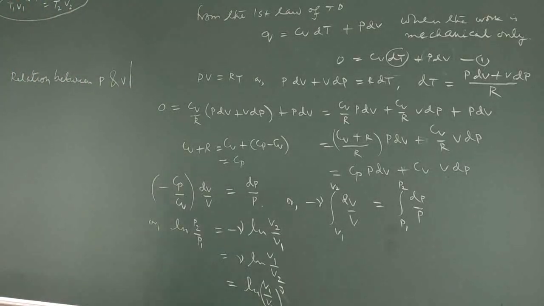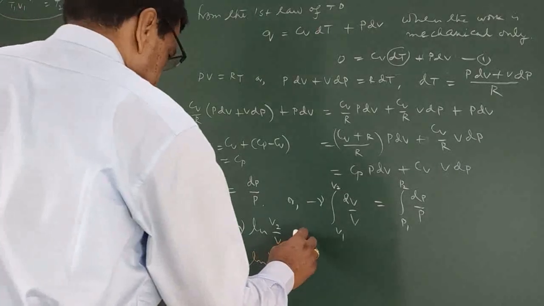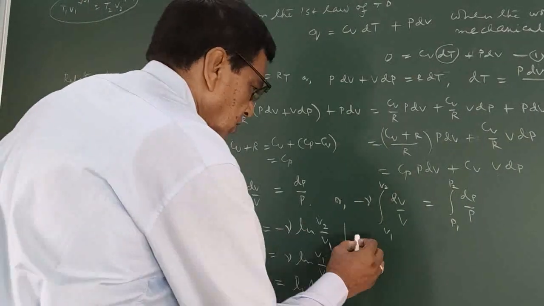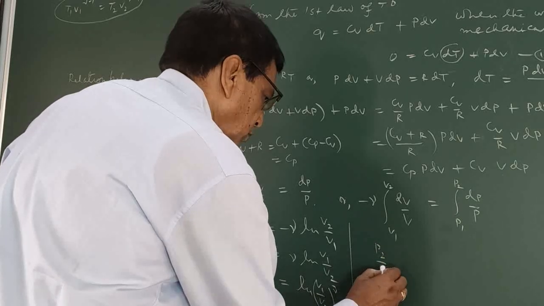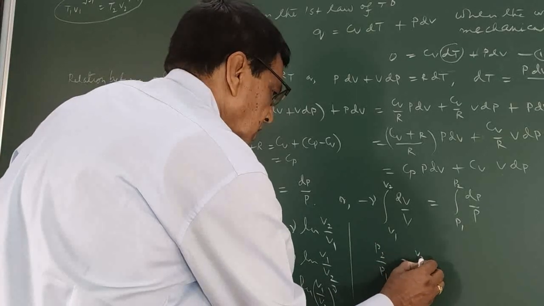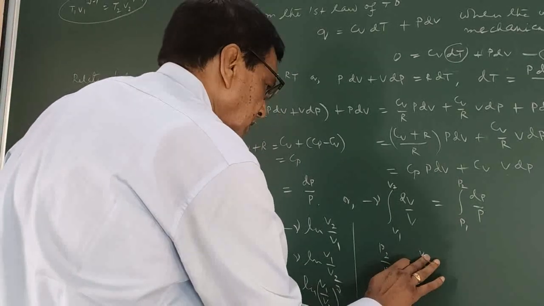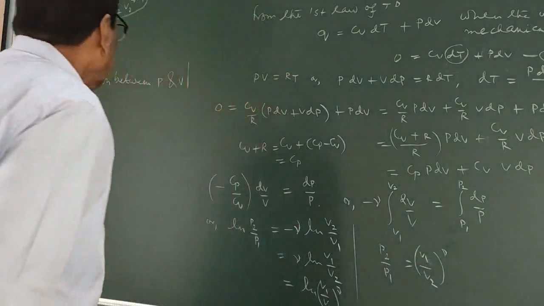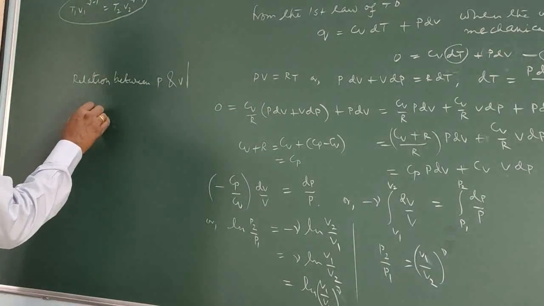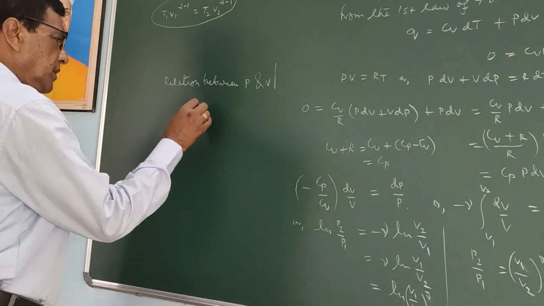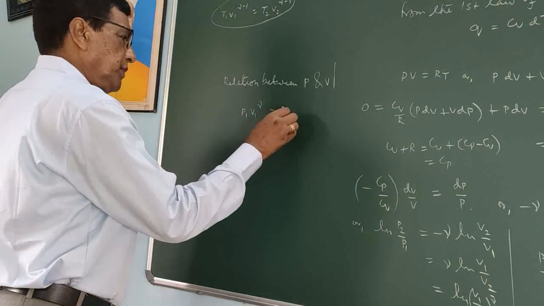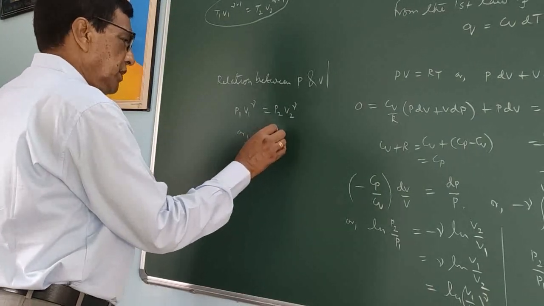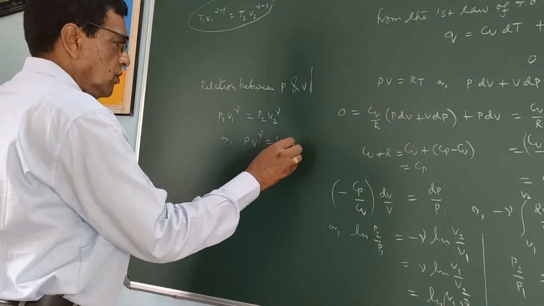So, eliminating these two ln terms from both sides, we have P2 by P1 equal to (V1 by V2) to the power gamma, and the relation becomes P1 V1 to the power gamma equal to P2 V2 to the power gamma, or we can write PV to the power gamma is equal to constant.